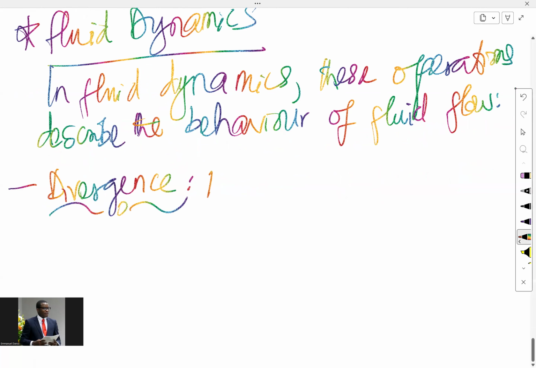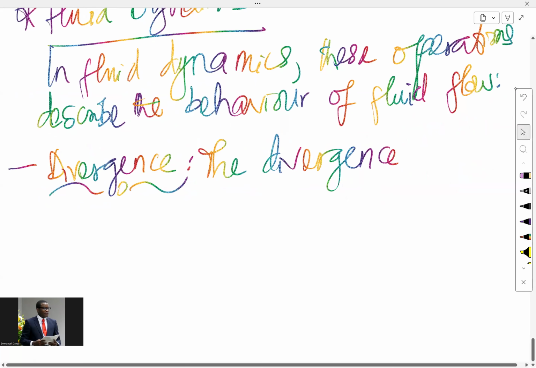So divergence talks about some kind of stretching out or radiation from a single point. Think of fluid flowing from one point.